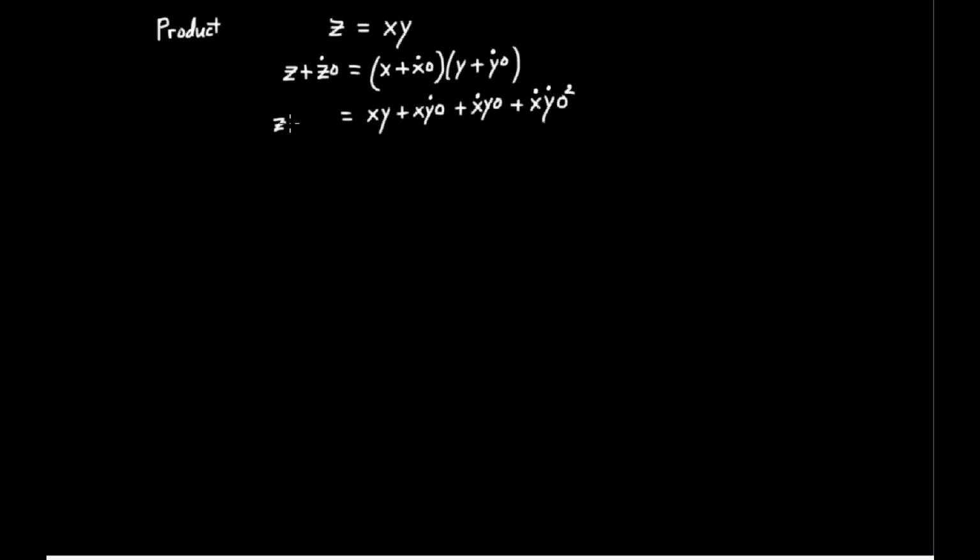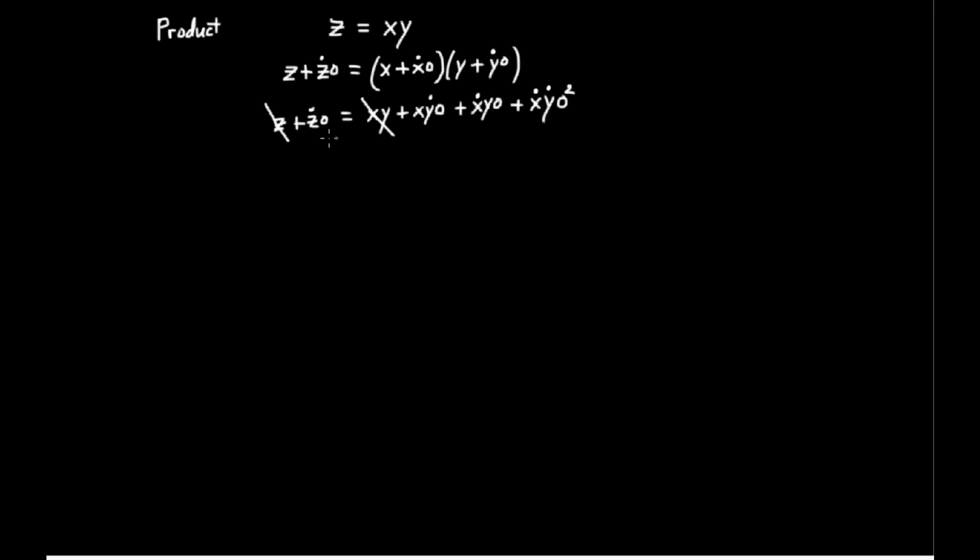And that's still equal to z plus z dot o. And again, z is equal to xy. So I just cancel that term with that term since they're equal. And then I'm left with this equation. Z dot o is equal to these three terms on the right-hand side.